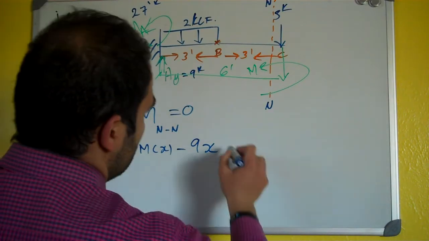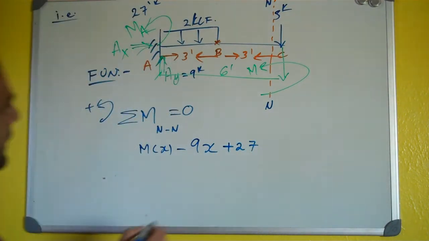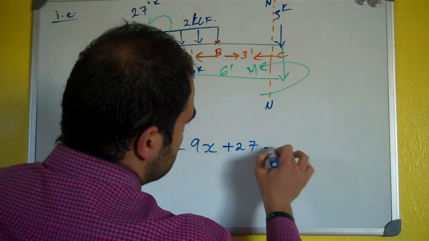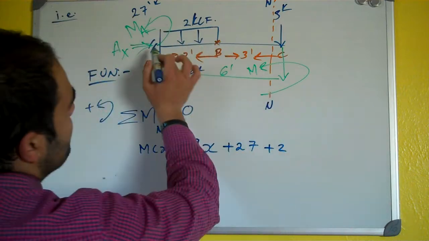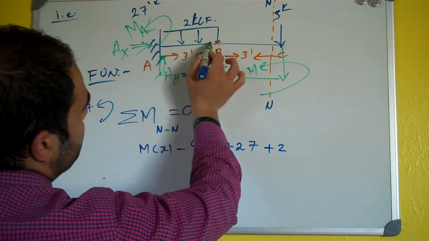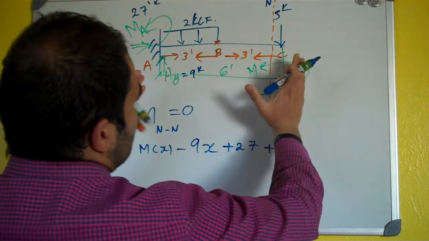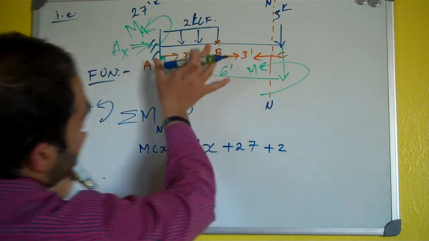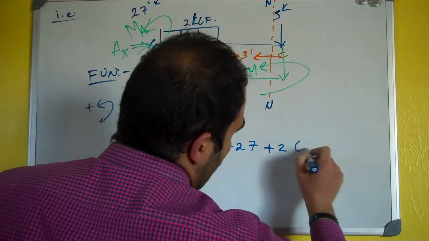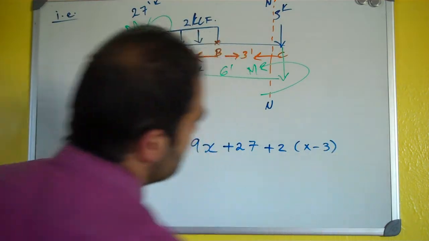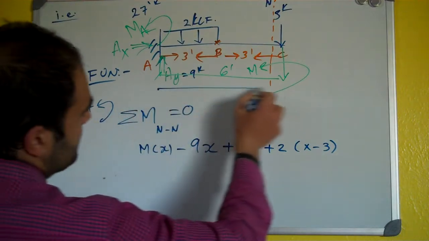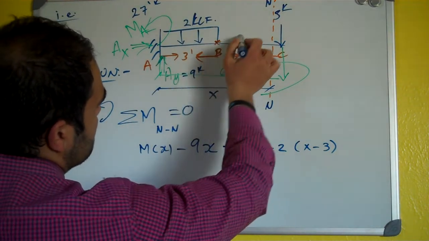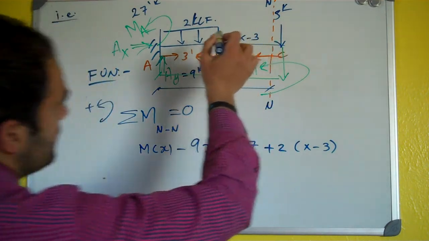You've got plus 27, and you've got plus 2 times this distance. The whole thing is 6. So this is x, and this thing is x minus 3. This is x, this is 3, this is x minus 3.